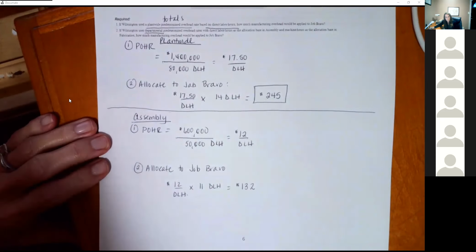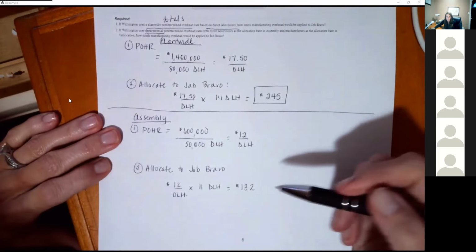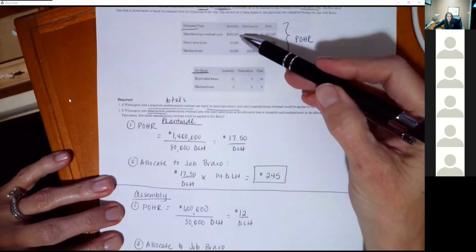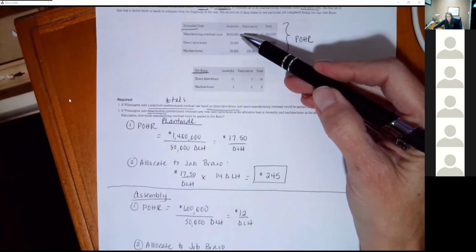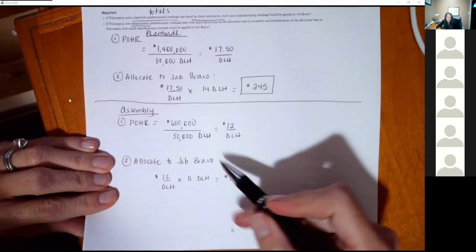Okay. Right, so this is saying that of the estimated 600,000 that we expect to have in overhead costs for assembly for the whole period, we are going to allocate $132 of that to this job.